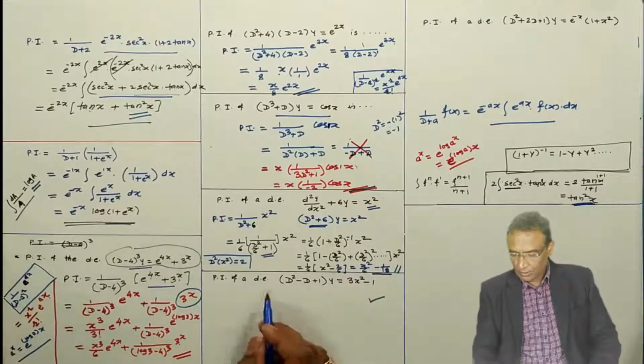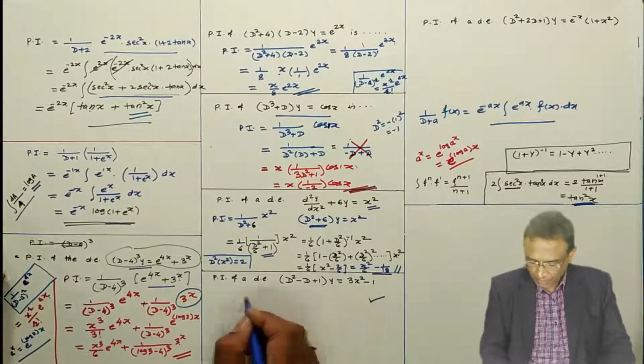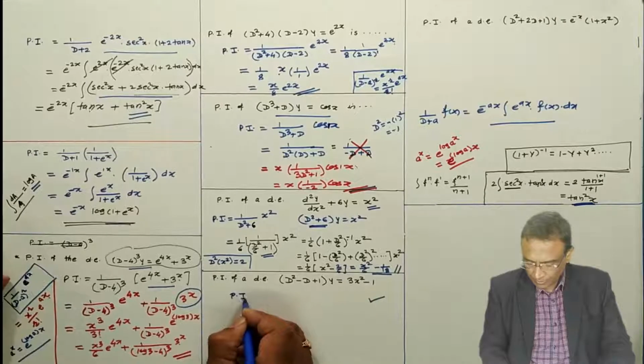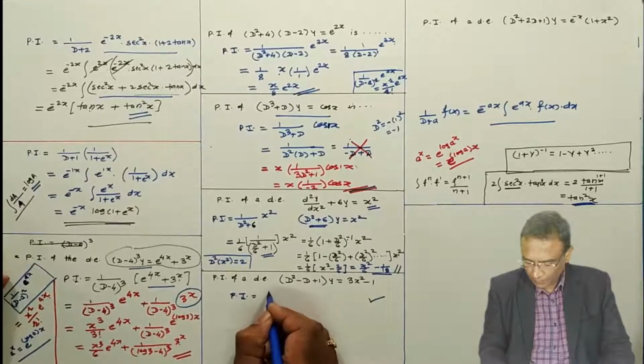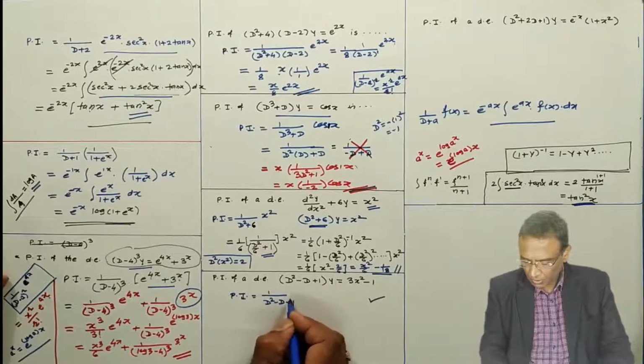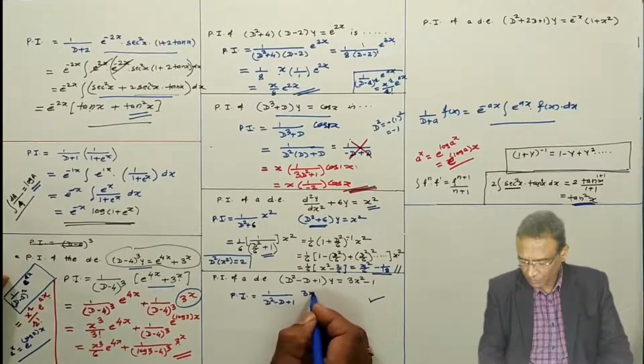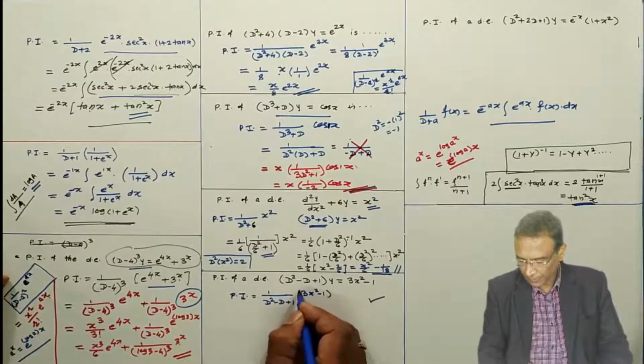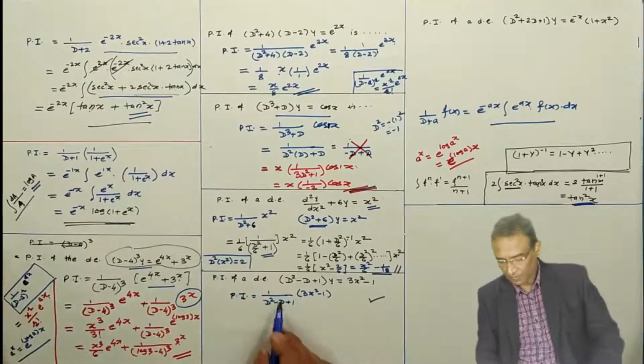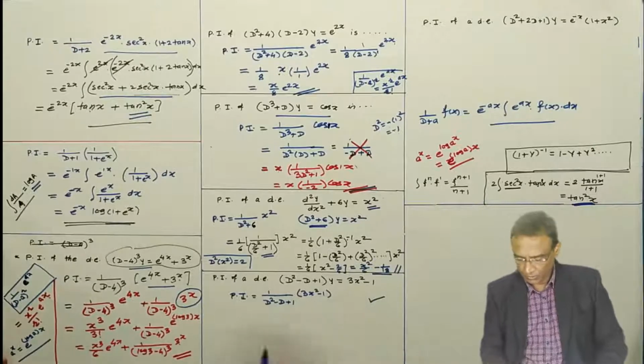Okay. Now this problem, this one. Particular integral is 1 by d square minus d plus 1 on 3x square minus 1. So you can operate the operator on 3x square and the same operator on minus 1, that you can do.